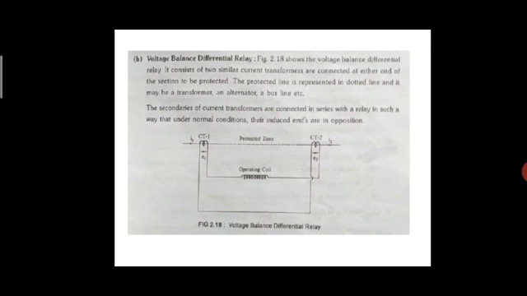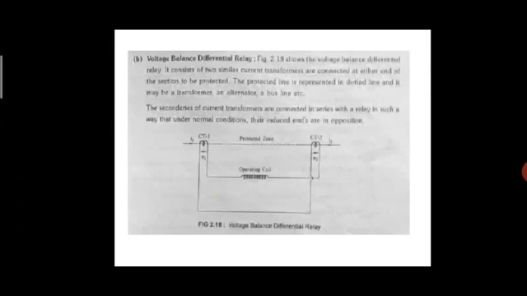The protected line is represented in dotted line, and it may be a transformer, an alternator, a bus line, etc. The secondaries of the current transformers are connected in series with a relay in such a way that under normal condition their induced EMFs are in opposition.